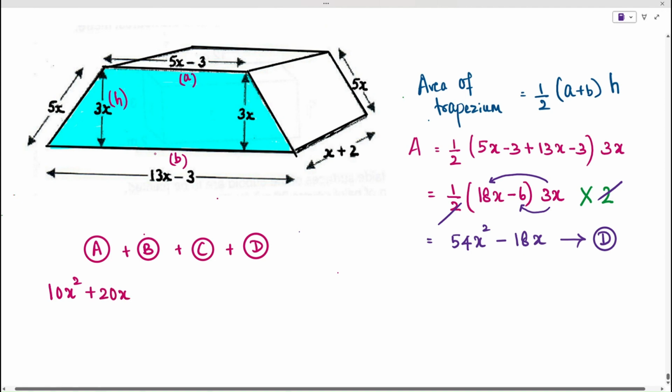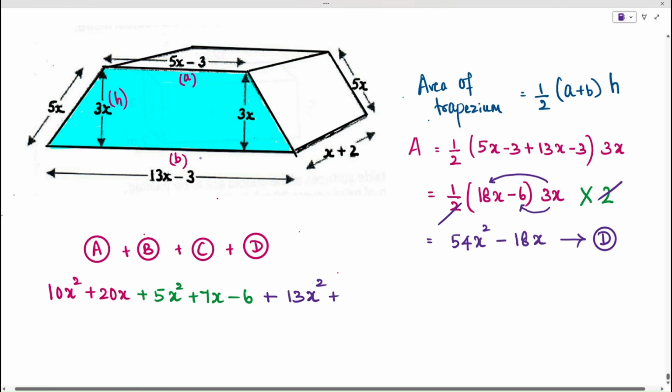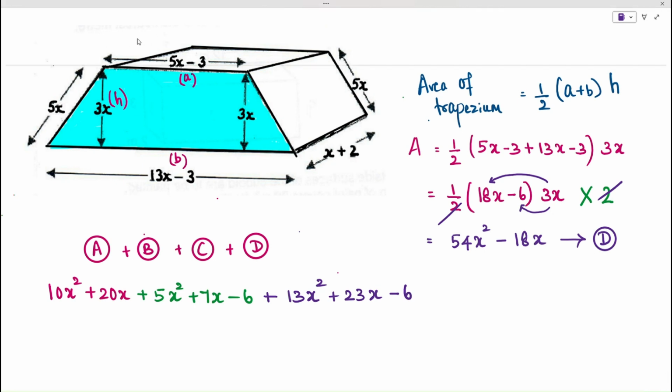Now we add our value for B, so we have plus 5x squared plus 7x minus 6. Now we add our value for C, so we have plus 13x squared plus 23x minus 6. And now we add our value for D, which we have here as plus 54x squared minus 18x.